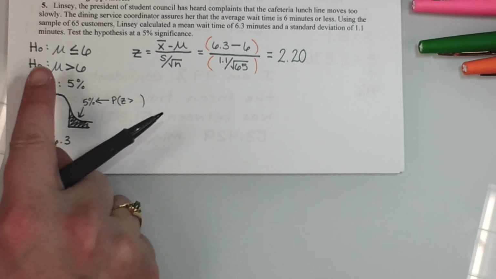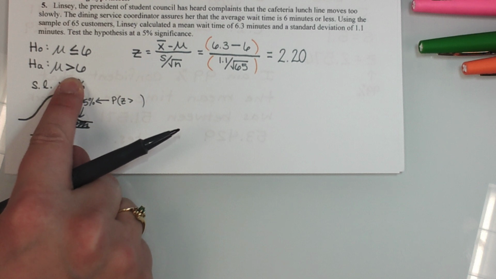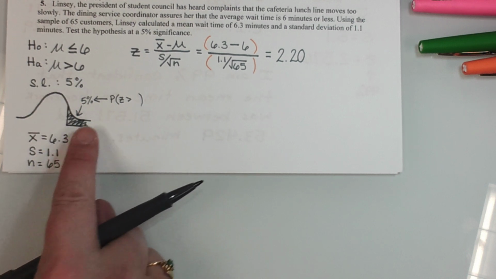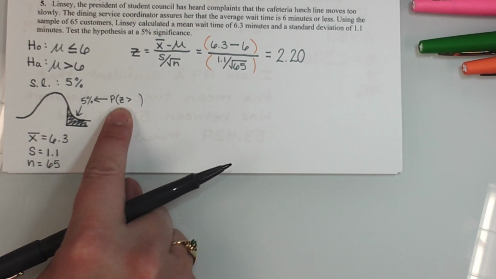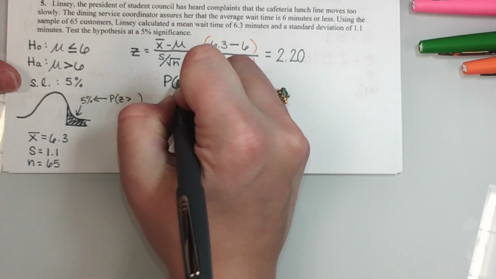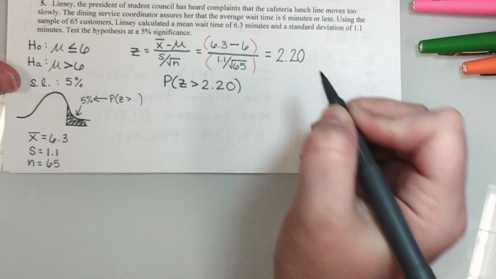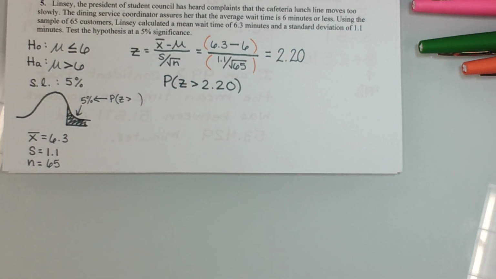Because our alternative hypothesis is a greater than, we shaded this part of our graph, which means we're going to find the probability that z is greater than that value. Does my pink chart do greater thans? Not directly. How do we make it do greater thans? Look at the opposite number.